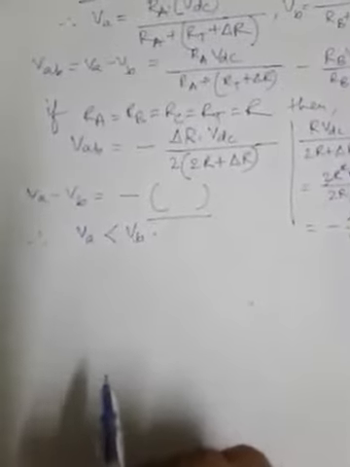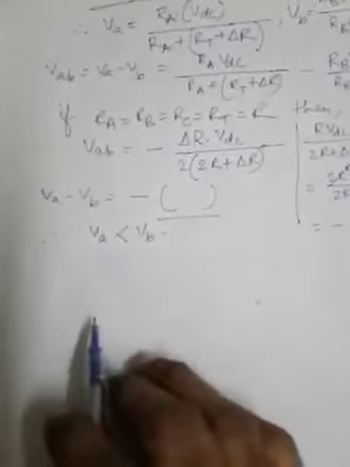Now the output voltage VAB of the bridge is applied to the differential instrumentation amplifier. You can see from the circuit diagram that VAB, the output of the bridge, is applied to the input. This portion is the differential amplifier, and at the input, this VAB is applied from the output of the bridge. This is the bridge circuit.